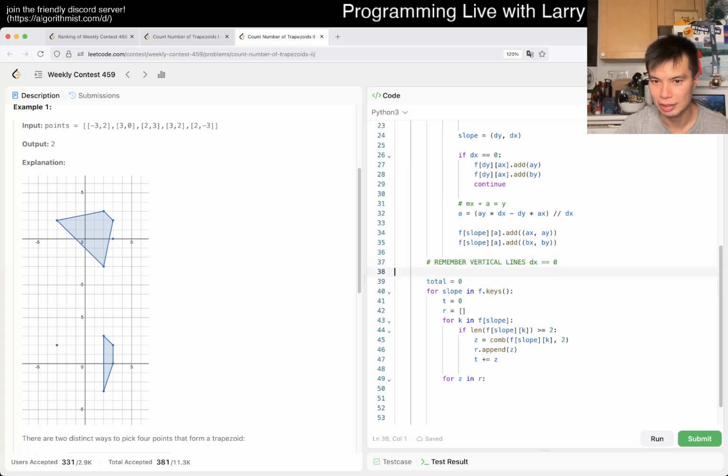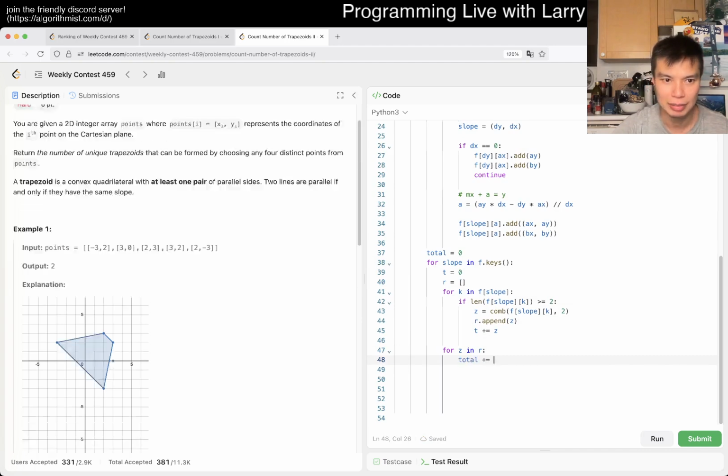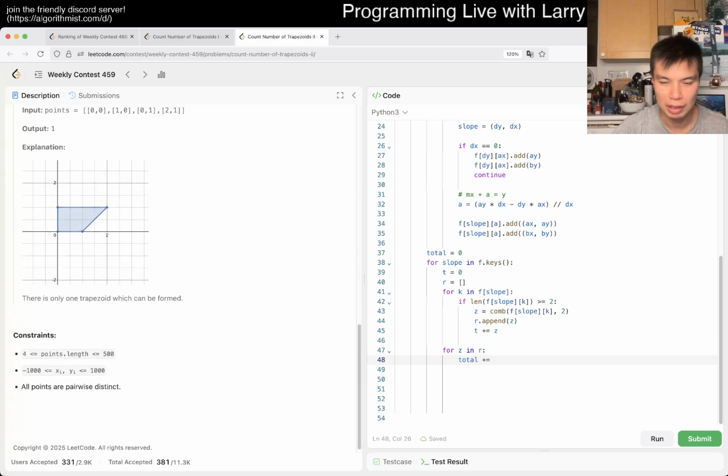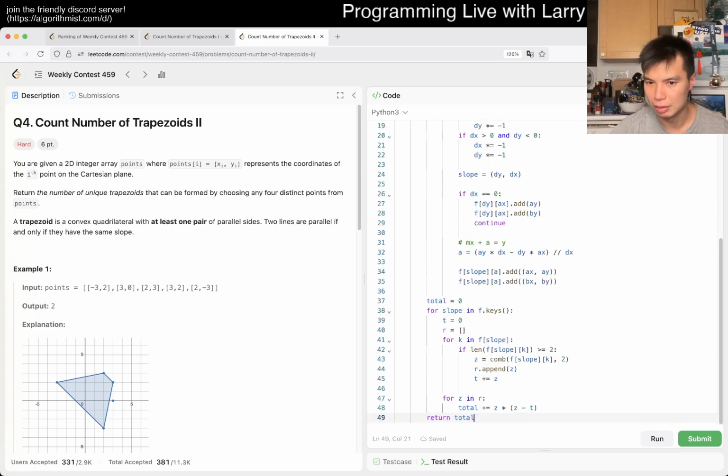Actually, we already handled this, maybe ideally, maybe not, but total we added by, do we have mod? There's no mod. I guess there's only 500, so maybe not. 500 to the 4th is maybe not. But yeah, you go to z minus t, or z times z minus t, and then we just return total. And I think maybe we're done.